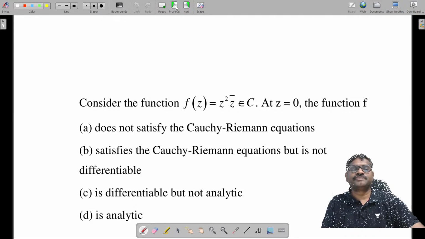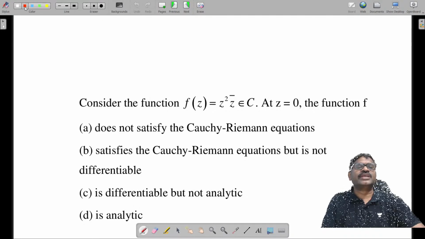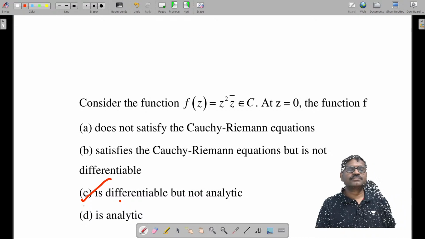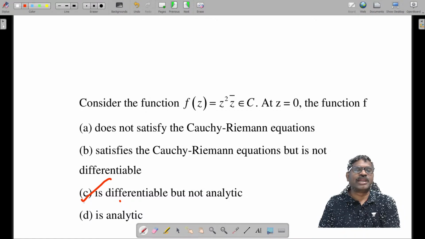Observe here. It is differentiable but not analytic is the correct option.